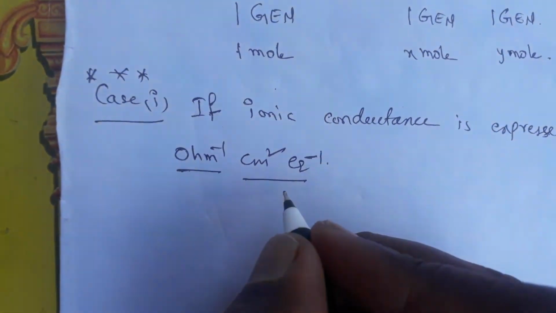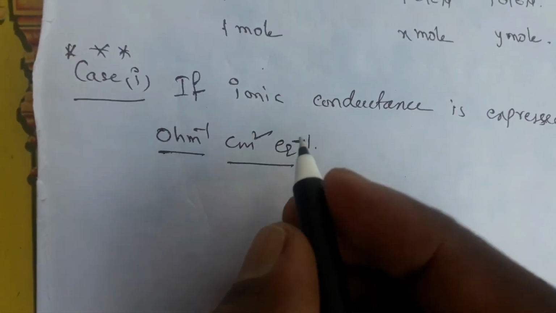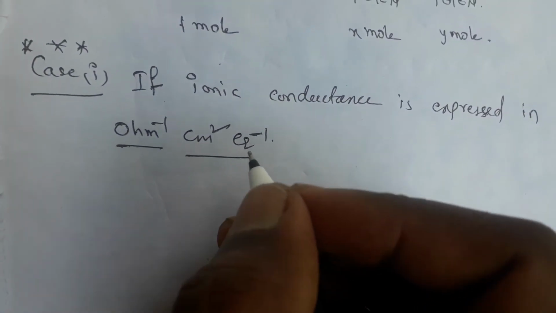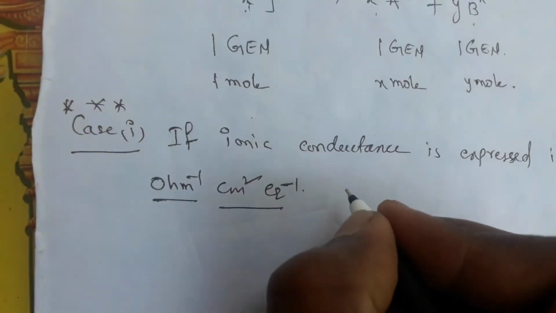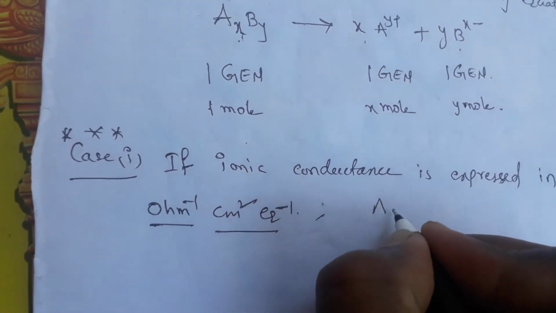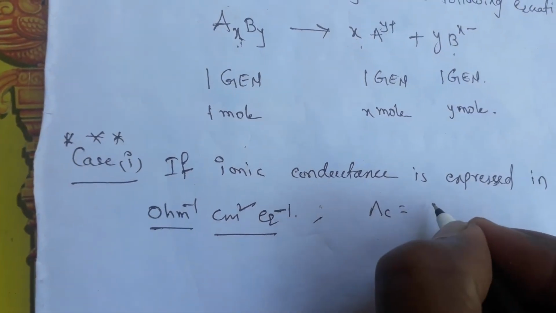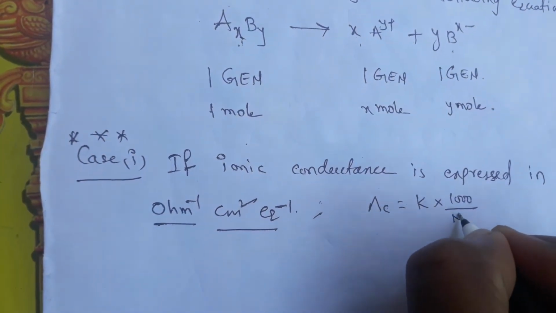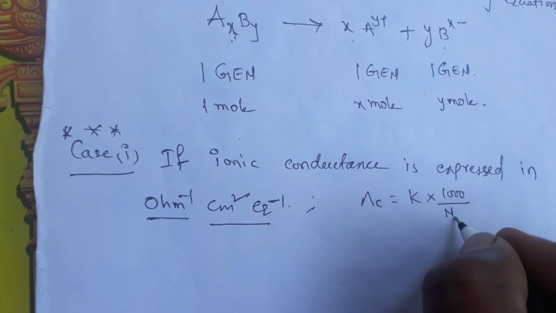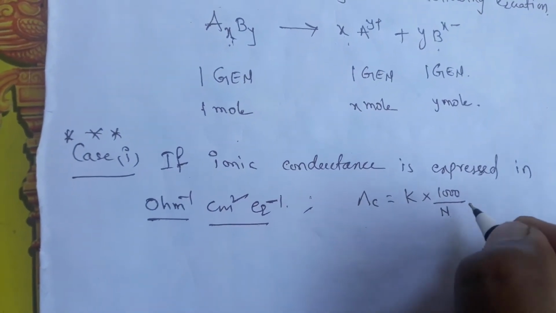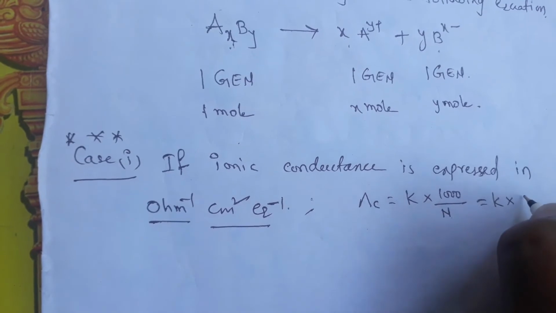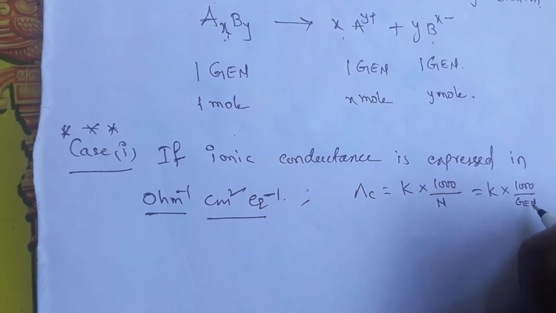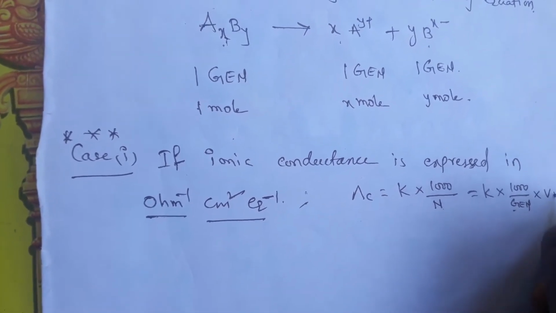As in the previous case, we found that the equivalent conductance is equal to kappa into V, that means kappa into 1000 by N, where normality is the number of gram equivalents by V. So this I can write as K into 1000 by gram equivalents by V in ml.